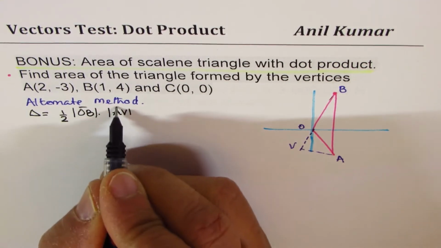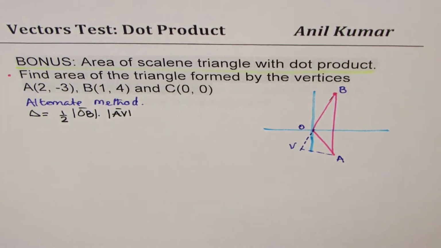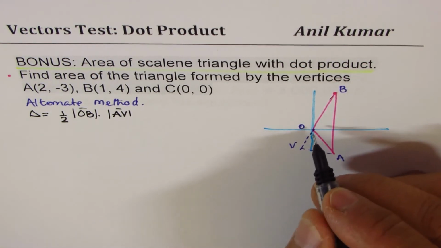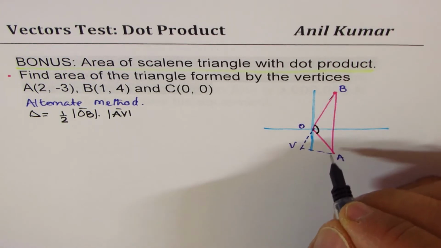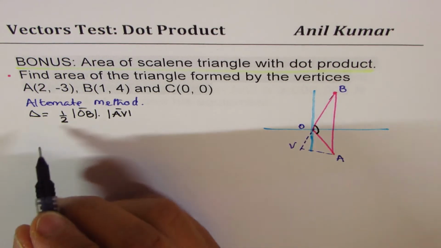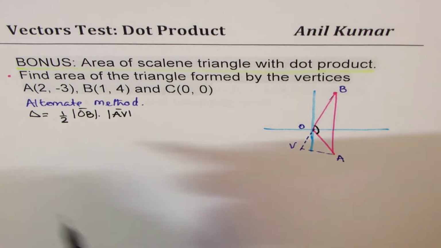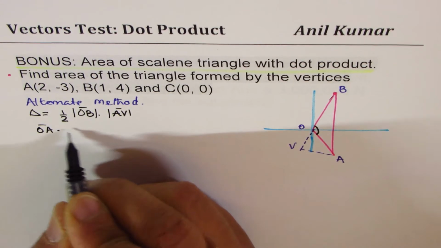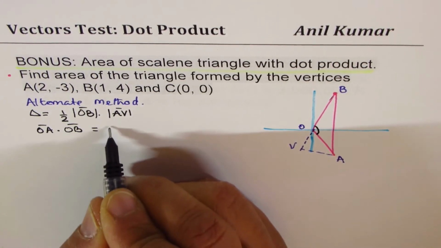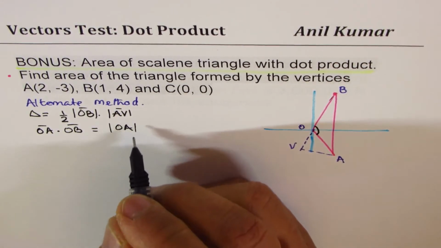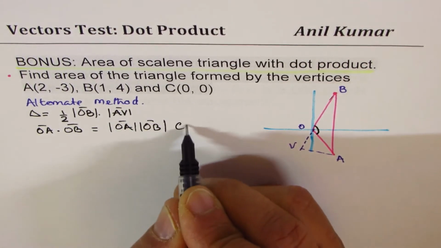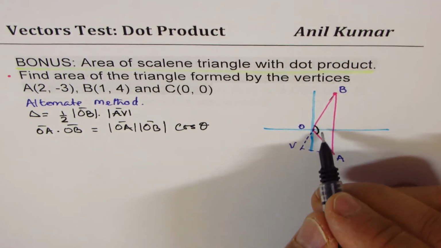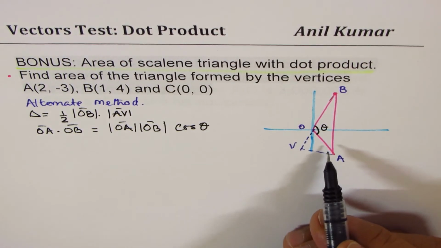Now, how do we get AV? Well, since we know the position vectors OA and OB, we could use the dot product. OA dot OB is magnitude of OA times magnitude of OB times cos of theta, where angle theta is between them.